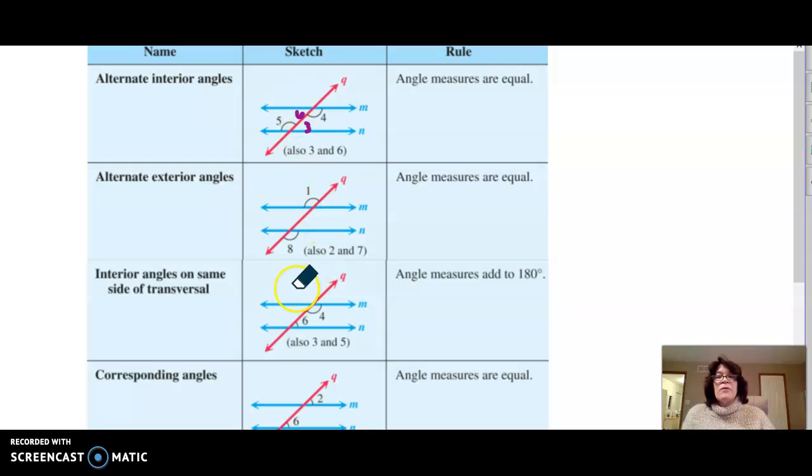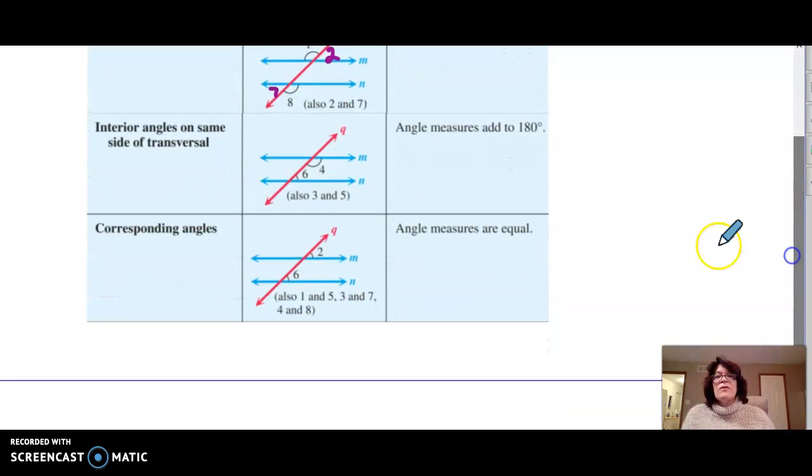Alternate exterior angles are equal. So angle 1 and 8 are congruent, and so also would be angles 2 and 7. Alternate interior angles, alternate exterior angles.